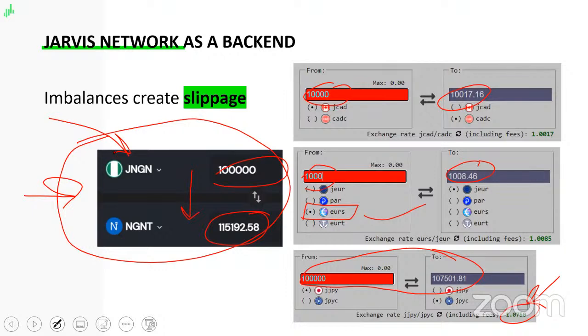But the problem is that in Nigeria, to acquire BUSD, they are paying a very big premium. So they won't buy BUSD for $1. So if they have $1 of Naira, they won't get $1 of BUSD.